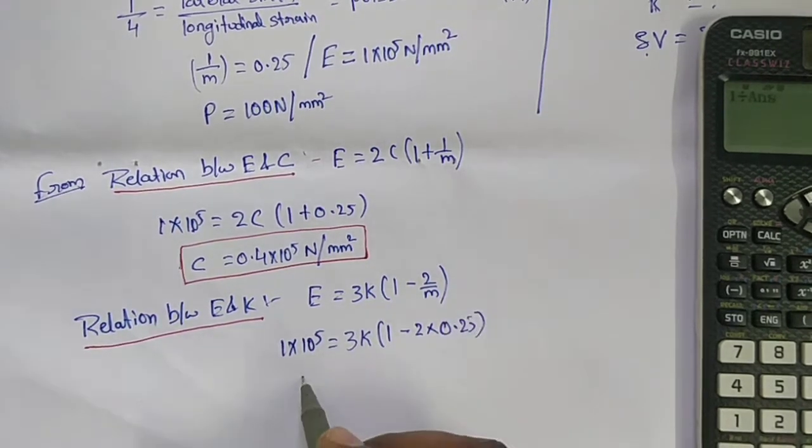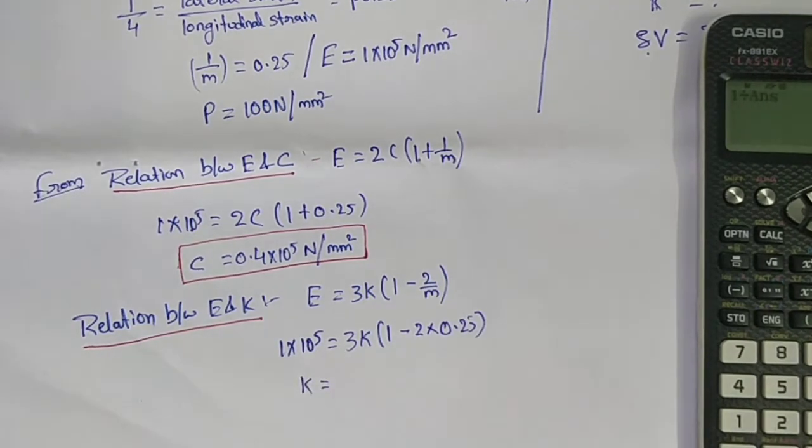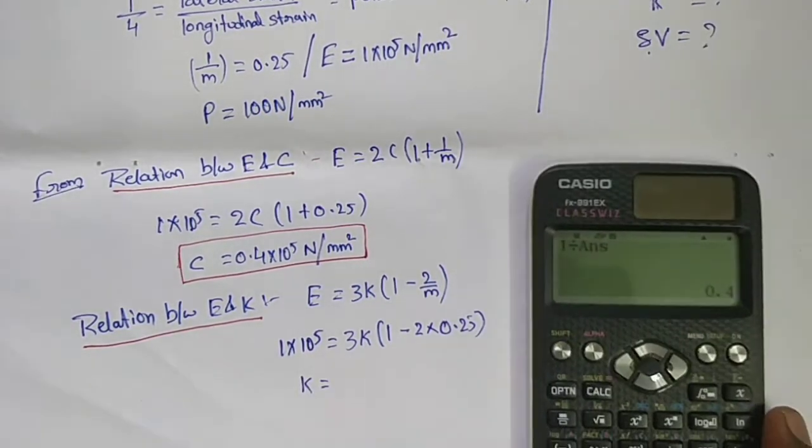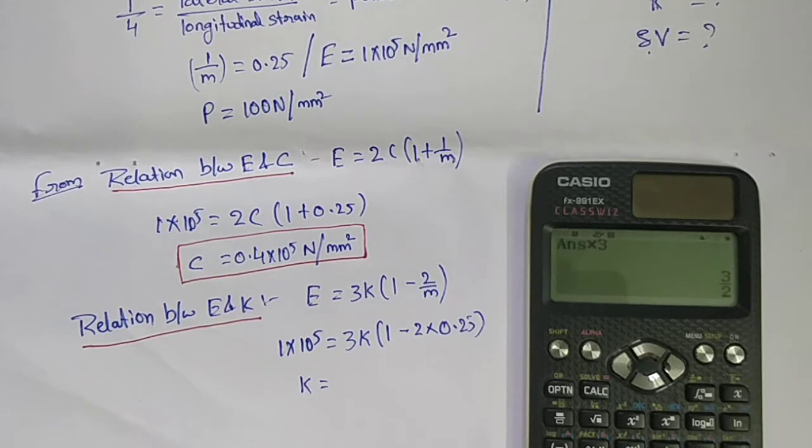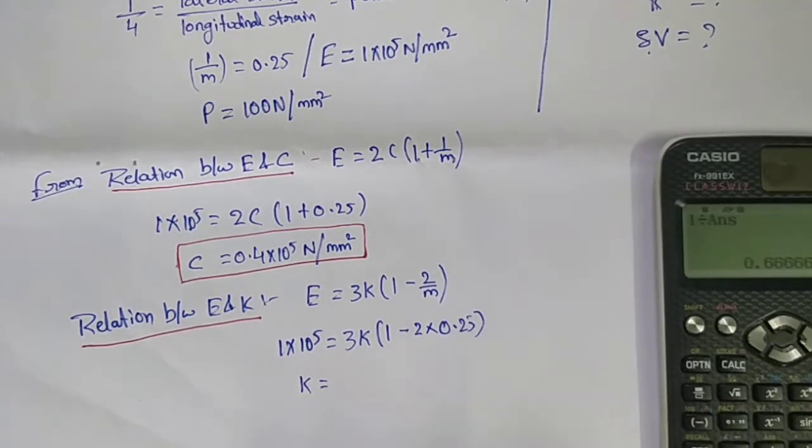By simplifying this equation, we will get the value of bulk modulus: first we calculate 2 into 0.25, next 1 minus the answer, next into 3, next 1 divided by the answer.